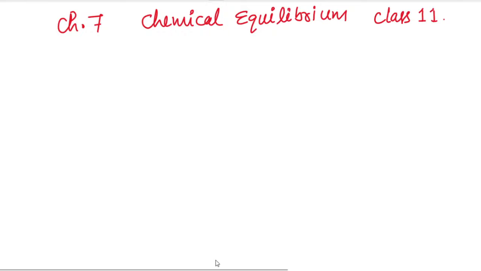So today we are going to start chapter 7 of class 11, that is chemical equilibrium. अब ये equilibrium का literal meaning क्या है? You know, there are so many reactions which are not going to completion, like reactant to give product.